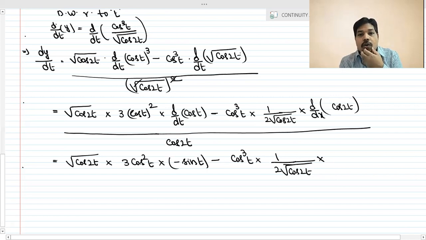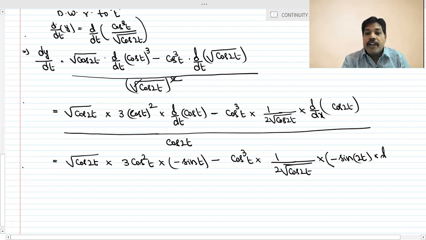Why? Because the root f of x derivative is 1 by 2 root f of x into f dash of x. F of x is nothing but cos 2t. Are you understanding that? Not the root. So that is nothing but the cos 2t derivative. What is the cos 2t derivative? I have already given that the cos f of x derivative is minus sin f of x. Are you understanding that?